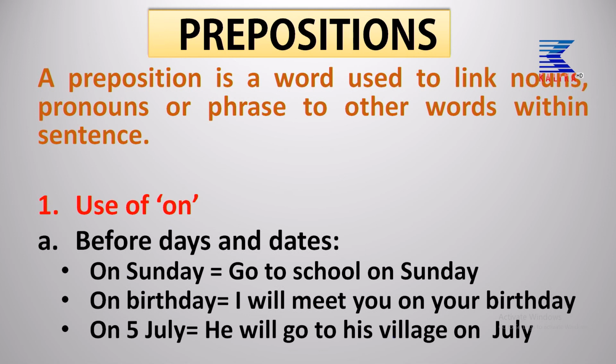Examples: go to school on Sunday. I will meet you on your birthday. He will go to his village on July. So, we use on before days and dates. Days are on Sunday, dates are on 5th July.